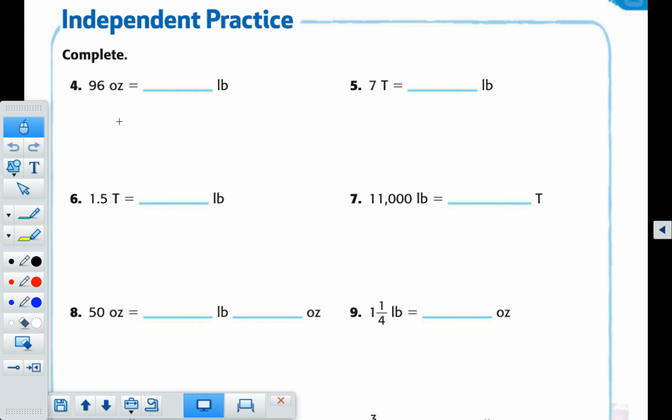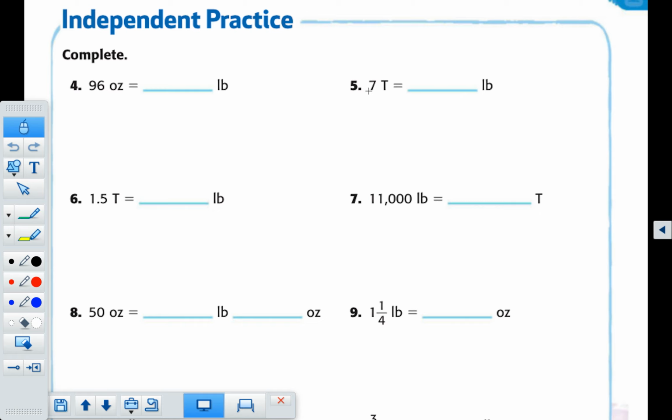So remember, when I am going from a smaller unit to a larger unit, I have to divide, right? So to convert ounces to pounds, I have to divide. So I'm going to divide 96 by 16 to find out how many pounds 96 ounces is.